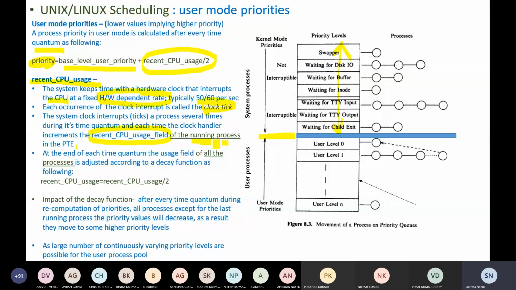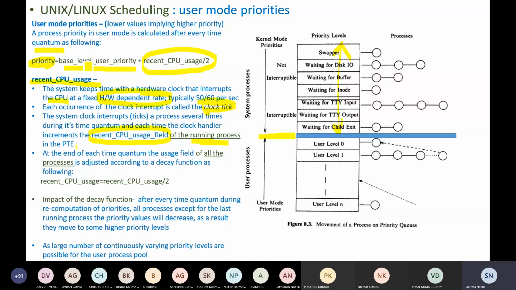So at the end of the time quantum, what do you find? For that running process, the recent CPU usage has increased by 60 ticks, or 60 units. And definitely this means you are adding more to the priority value, which means you are reducing your priority. So if I have used the CPU in the last time quantum, and others are waiting, I will not get the chance immediately.